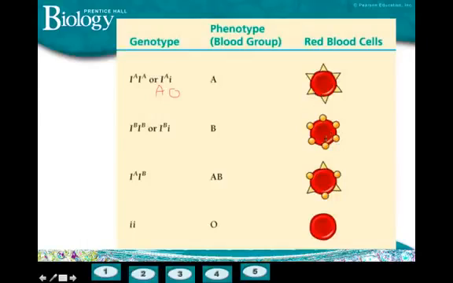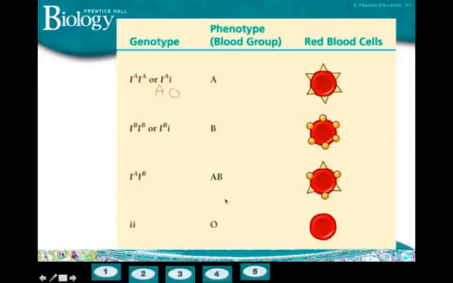But if somebody gave you type B blood, notice how the proteins on the cell surface are structurally different. If they gave you type B blood in a blood transfusion, your immune system would attack that blood. It wouldn't do you any good. Likewise, if you were type B blood, inheriting either homozygous dominant for B or heterozygous, you wouldn't be able to get A blood. Here's the interesting one.